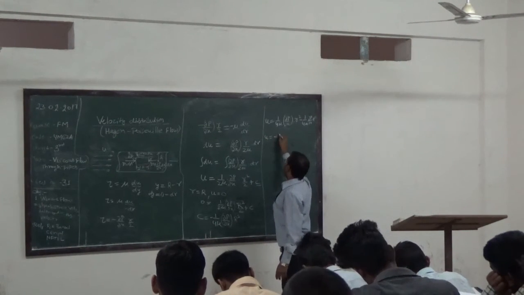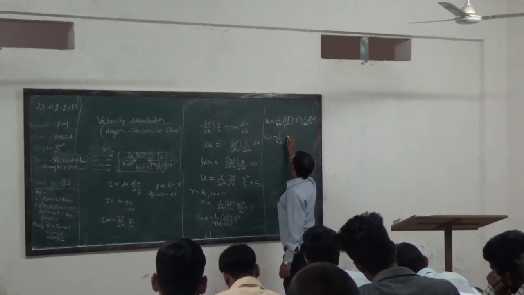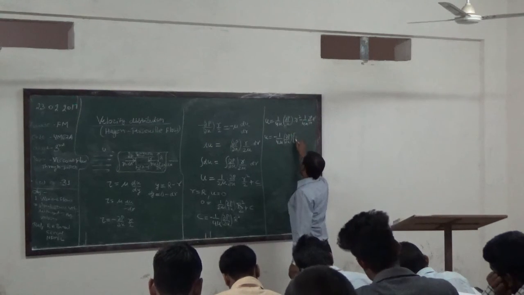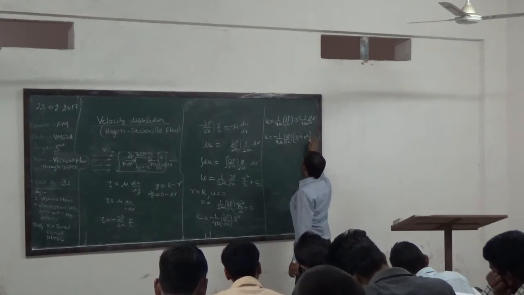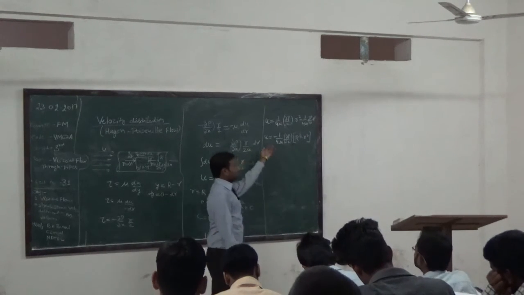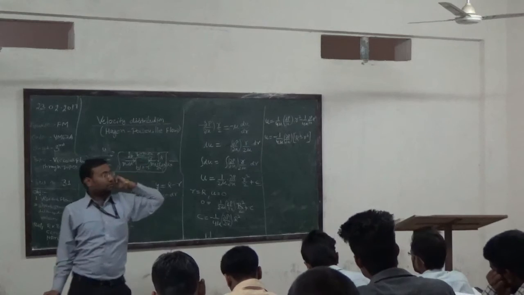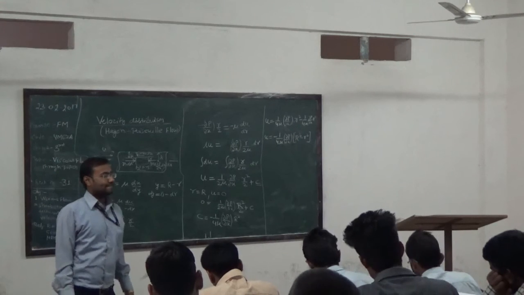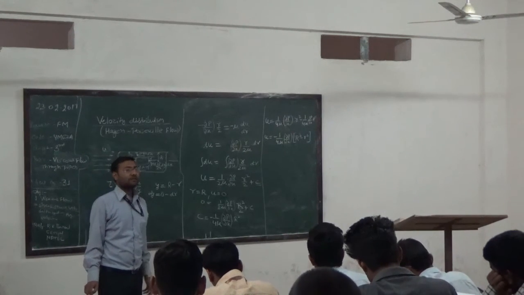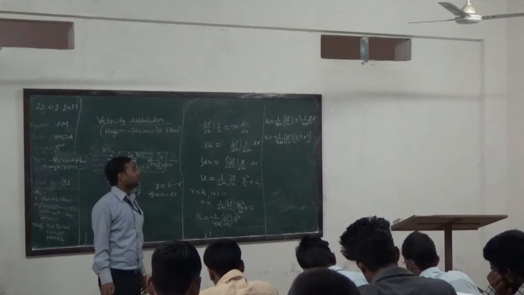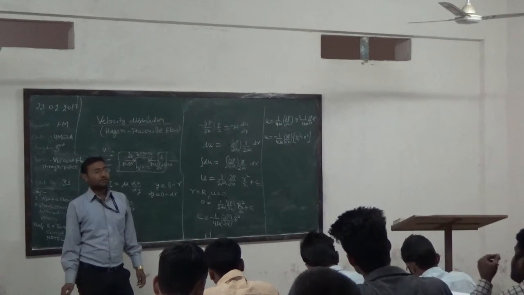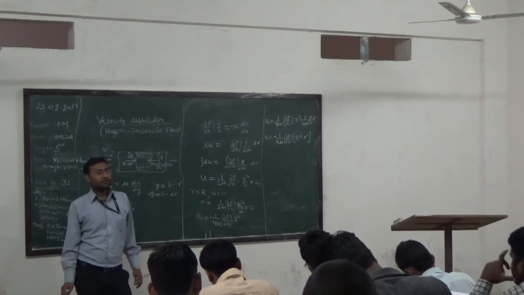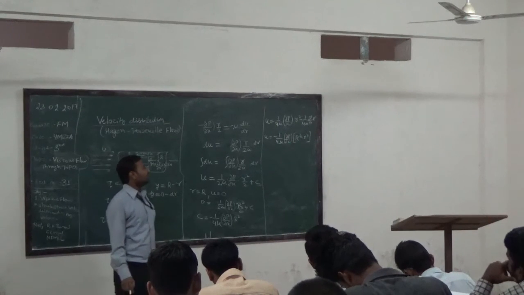So u equals 1 by 4 mu, and I have taken the minus sign outside so that capital R square minus small r square is there. This is the velocity inside a pipe.